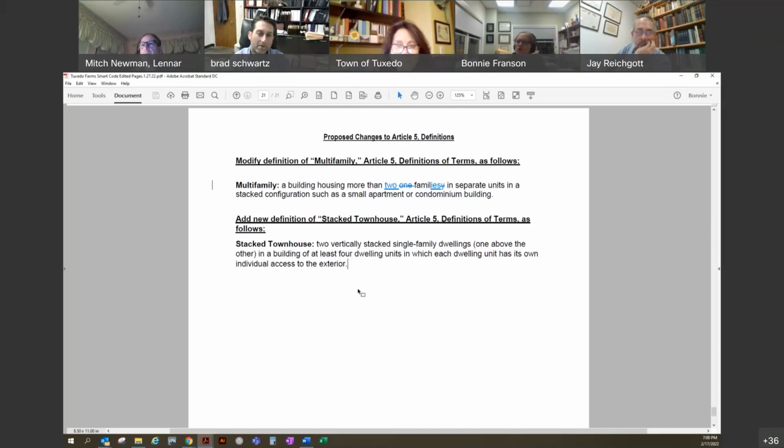Was it that there were restrictions on multifamily? Because on the one hand, it's two single family dwellings, but it's in a building of at least 4 dwelling units. So it really is sort of a multifamily building, but it's a specific product that's called the stacked townhouse.